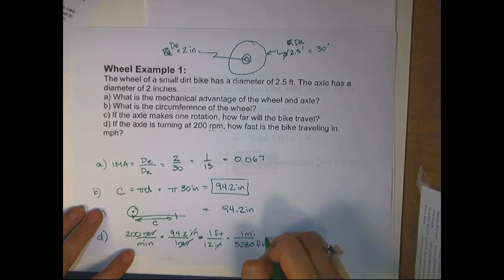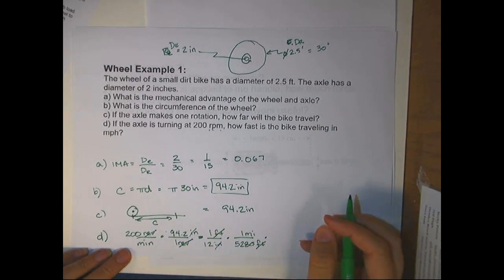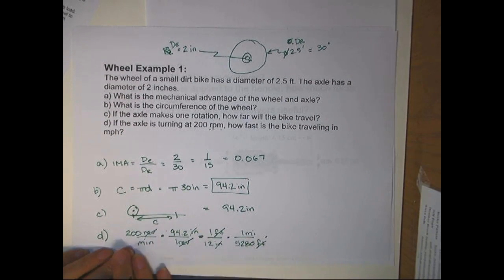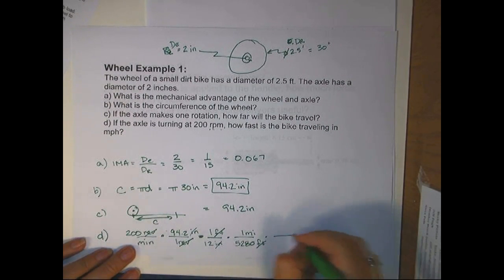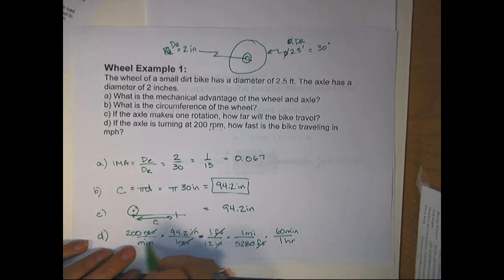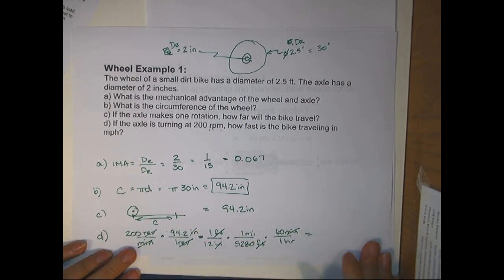You can look that up on your conversions in your formula chart. And now I've got miles. I want miles per hour. I've got miles per minute, so now I need to change the minutes. So 60 minutes in 1 hour. I line up the minutes so that there's a minutes on bottom and a minutes on top to cancel. And now I've got all my little units here.